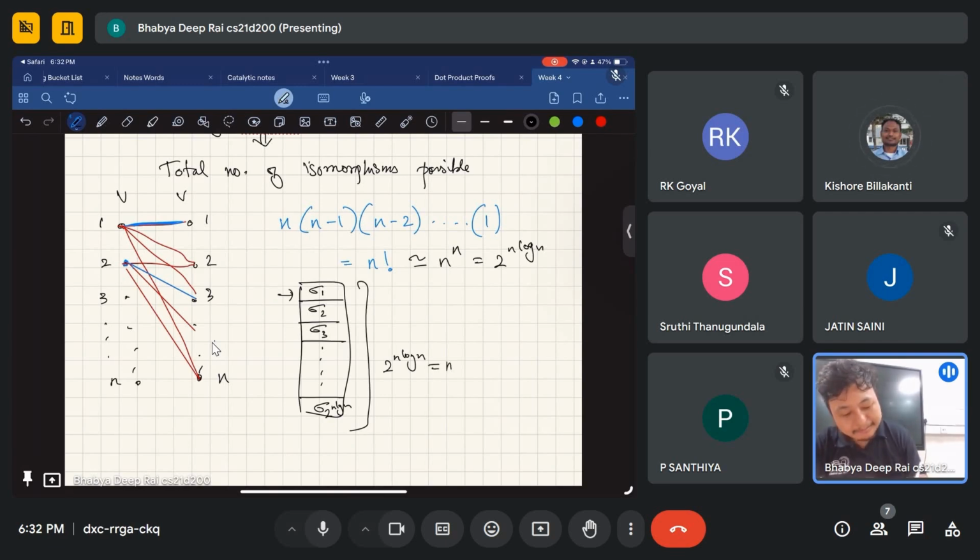I told you last time that if there are n bits, then it can encode 2 to the n numbers. So we are doing the opposite here. Here we have 2 to the n log n, so each of these can be indexed by a bit string of length log of 2 to the n log n, which is equal to n log n.